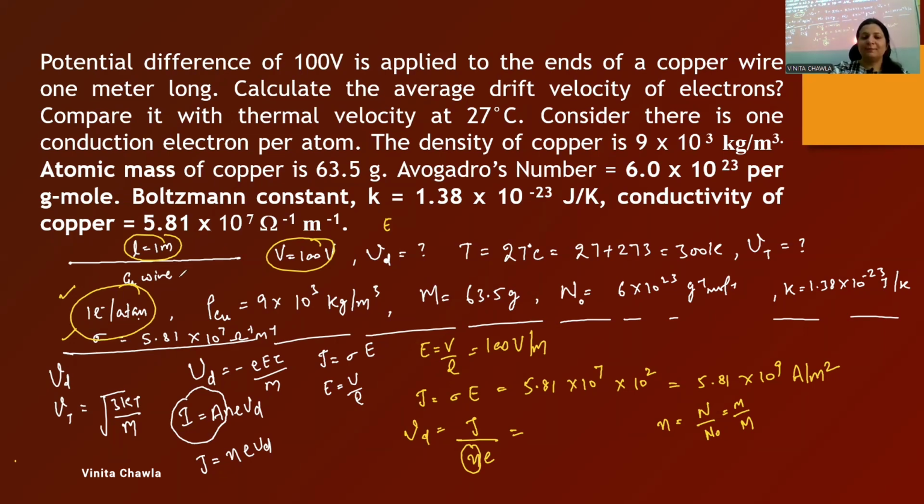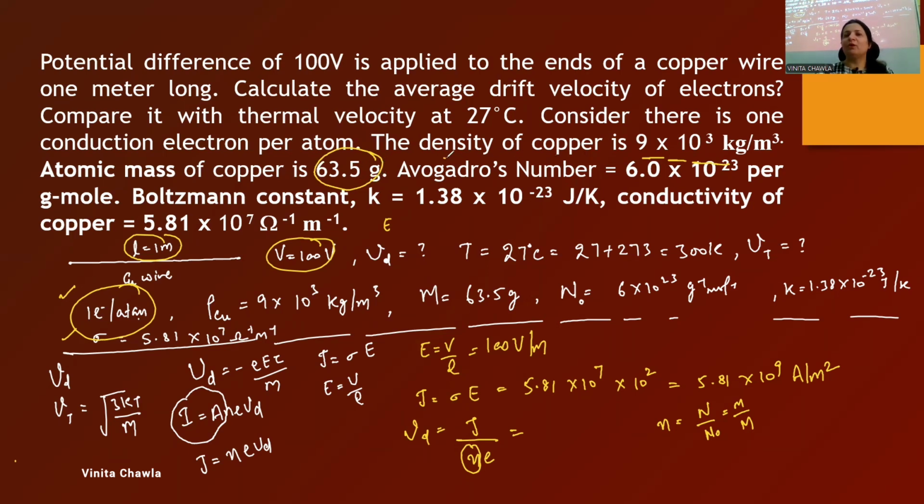अब बताओ कैसे करें. नंबर डेंसिटी कैसे फाइंड करोगे? Density is given. It is density of copper is 9 into 10 power 3 kilogram per meter cube. We can find density in grams because when we use the mole concept, we take the mass in grams, right? It is 63.5 grams.